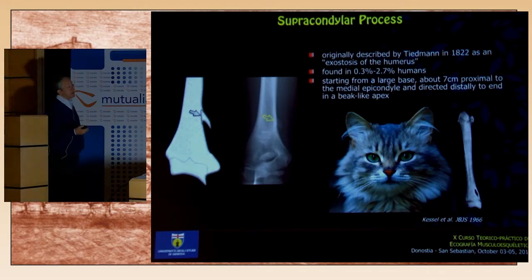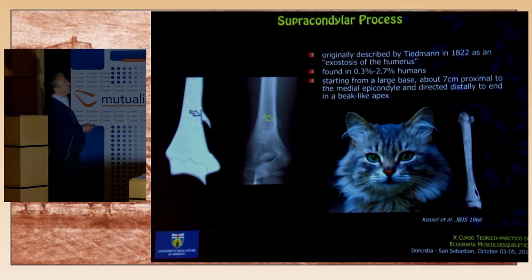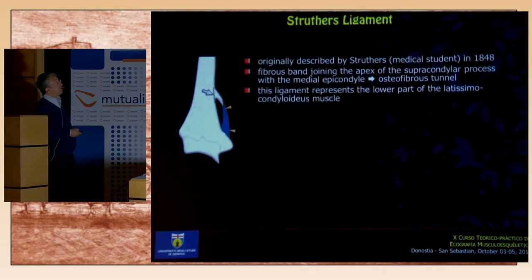Some genes may be re-expressed in humans, as you know. This is very fascinating from the genetic point of view, and the point is that this beak-shaped process may create problems for the median nerve, not for the ulnar.